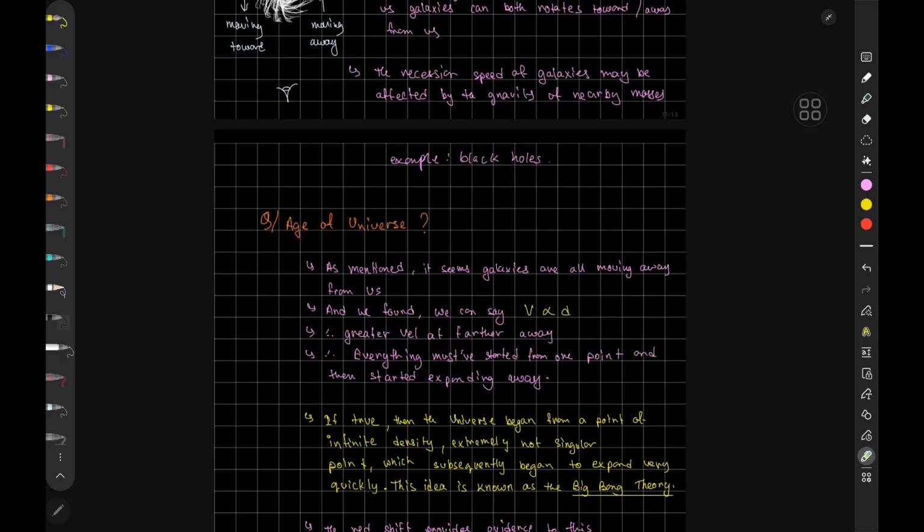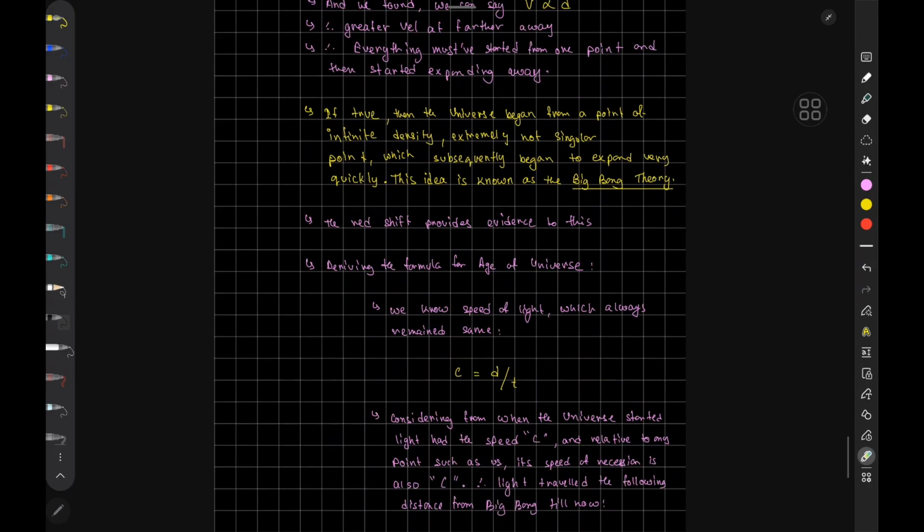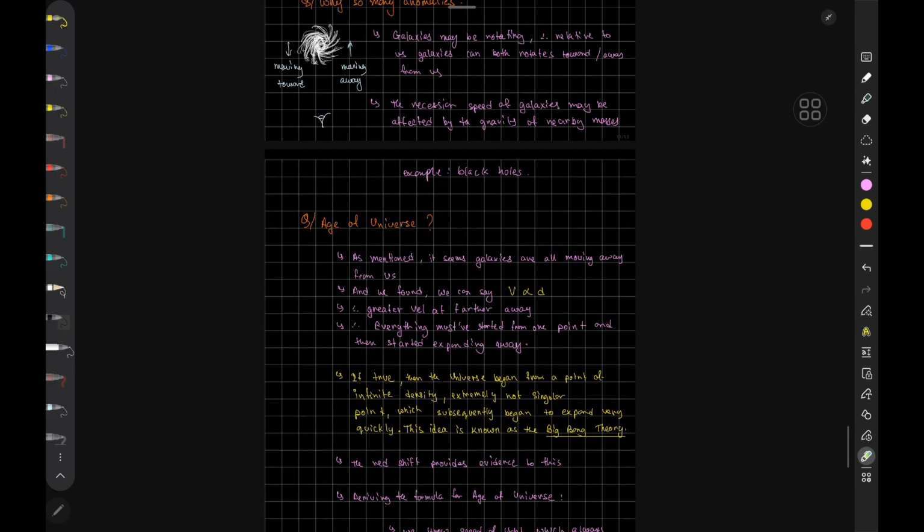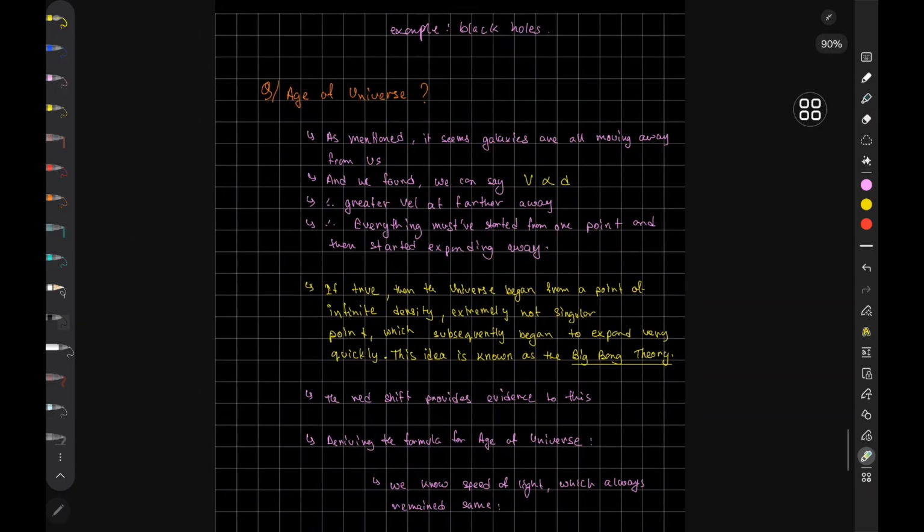Right? That's good. And the last thing we want to talk about is the age of the universe itself, probably the most interesting thing to talk about, and we're going to end with that. So the age of the universe: we start thinking of it with a simple notion that everything seems to be moving away from us, all the galaxies and stars.